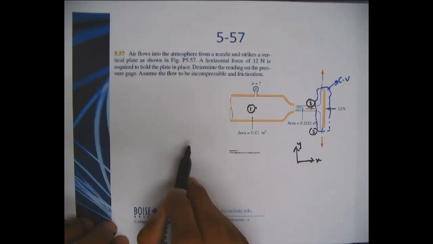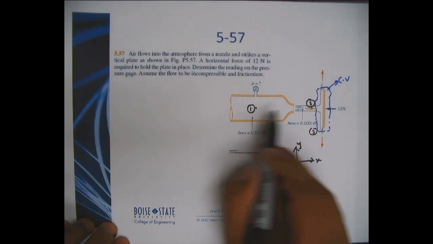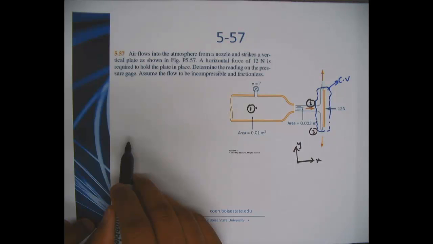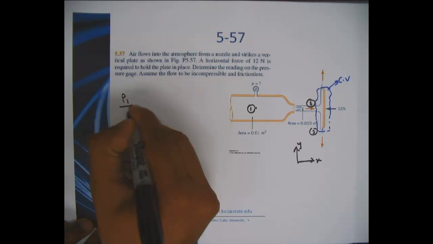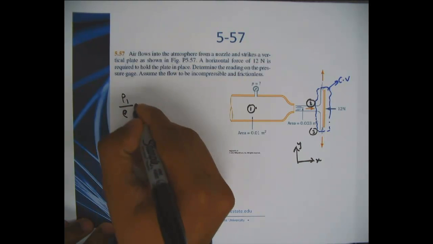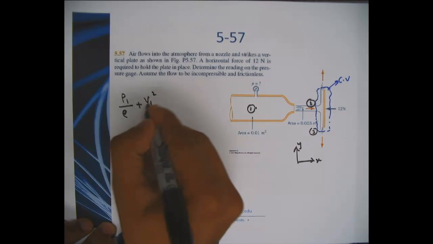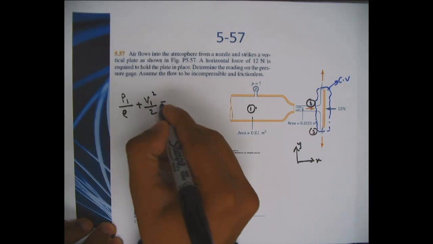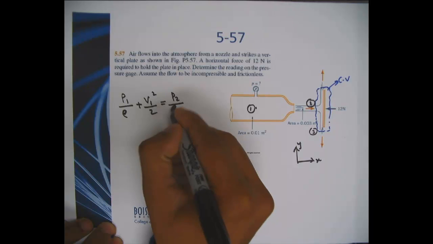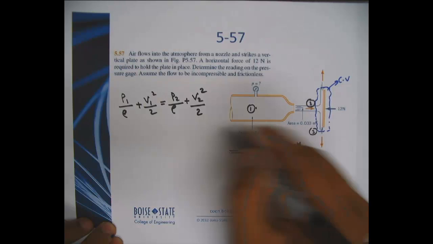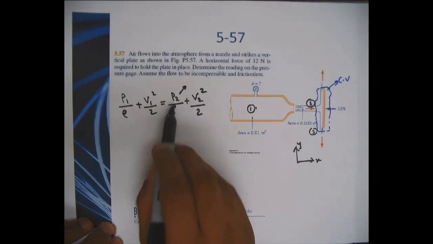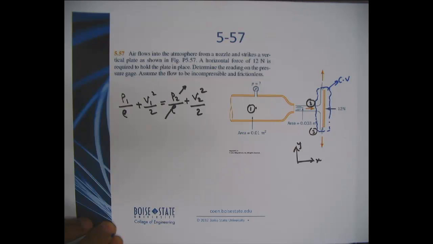So since it's incompressible and frictionless, I can go ahead and apply the Bernoulli equation going from 1 to 2. I can neglect the elevation effects here since they are in the same z. So P1 gauge over rho plus V1 square over 2 equals P2 over rho plus V2 square over 2, and V2 is free stream, so it's P2 gauge, so this is 0, right?